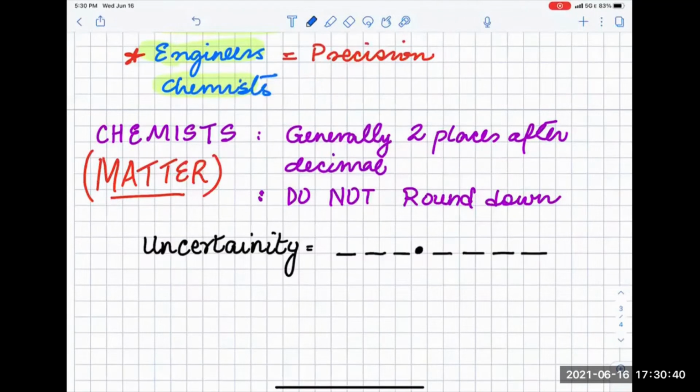So you could decide you need 1, 2, 3 in the measurement, and it's okay to drop the rest. One place after the decimal would mean plus or minus 0.1. In other words, 0.1 signifies this place. Plus or minus means you will go up and down.